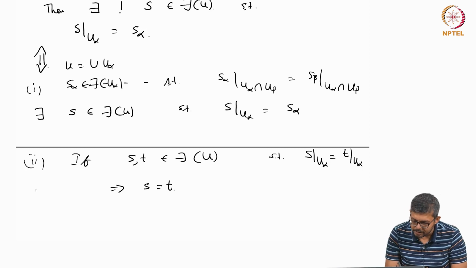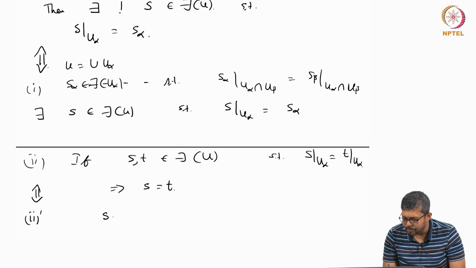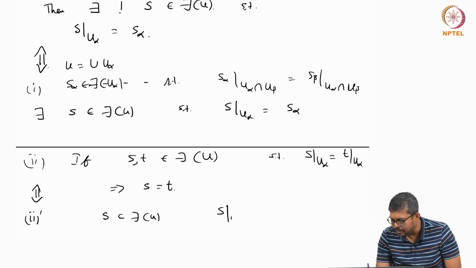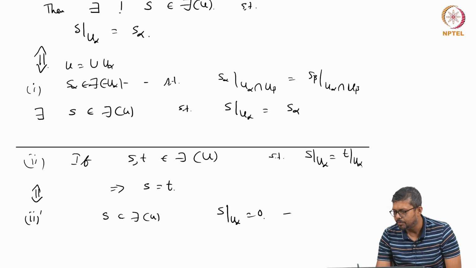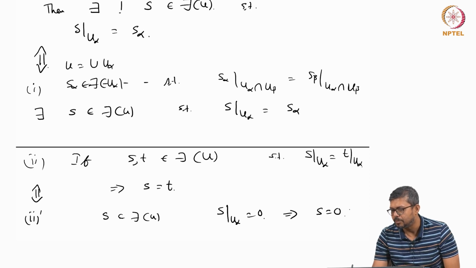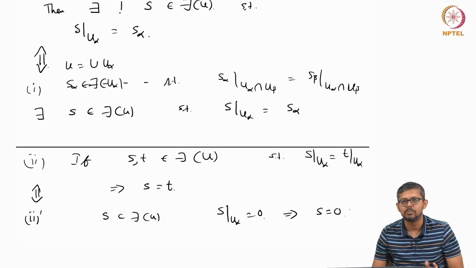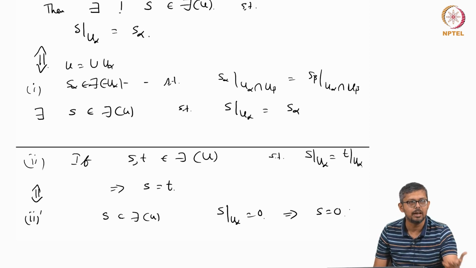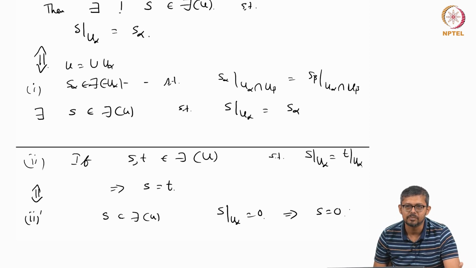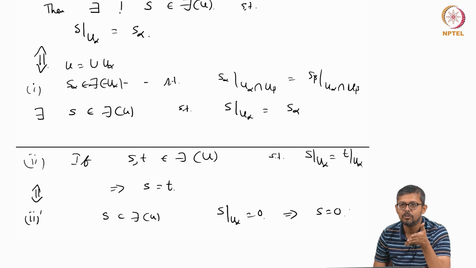Or this is also equivalent to saying that if you have some S in F of U such that S restricted to U alpha is 0, this implies S equals 0, where you take the section S minus T. Since this is an abelian group, S minus T makes sense. S minus T restricted to U alpha is nothing but S restricted to U alpha minus T restricted to U alpha, which is 0.